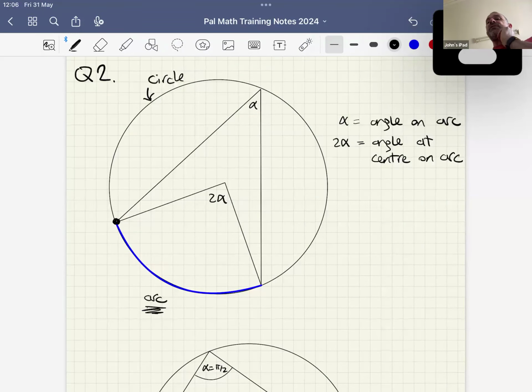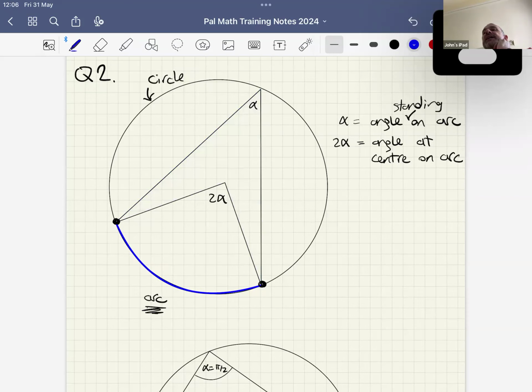So you've got 2 points on this circle, and that defines an arc. And you've got an angle standing on the arc. This is called standing on the arc. So in this particular case, it's this angle here. Okay, and I've called that angle alpha.